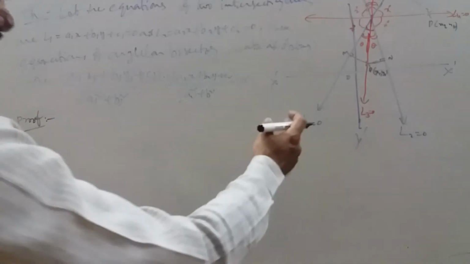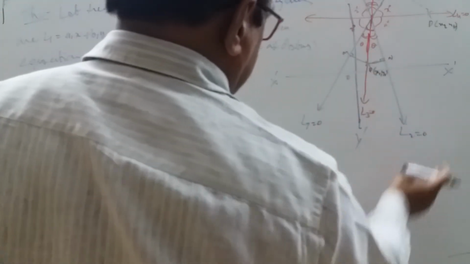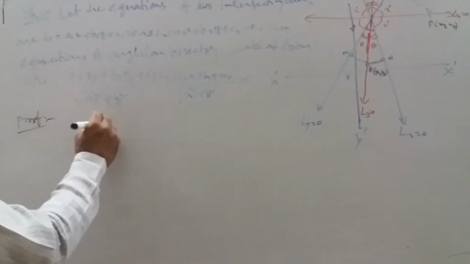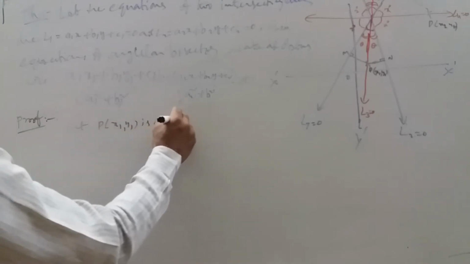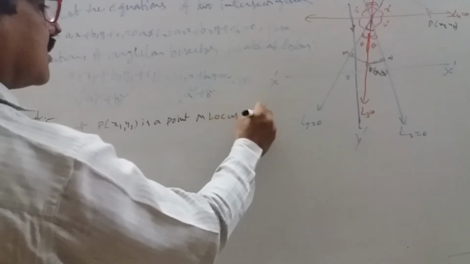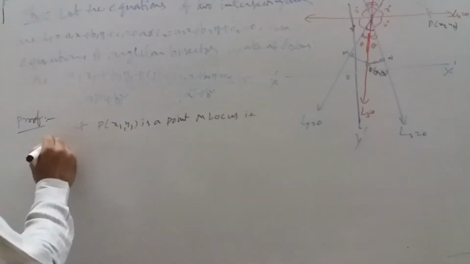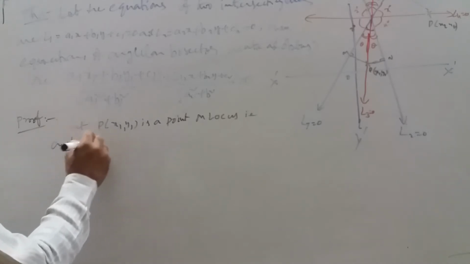In that way, you have to find the equations. Now I will take P on L3. L3 lies in between, it is the acute angle between L1 is equal to 0 and L2 is equal to 0. Let P(x1, y1) be a point on the locus, that is the angular bisector.